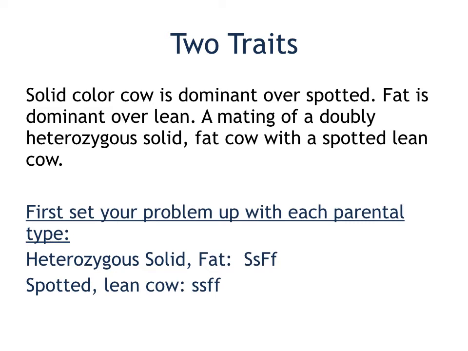The S and the F, the capital letters, are dominant for solid and fat. And we know they're heterozygous, so they have the recessive form of the other genes. And we're going to mate that with a spotted lean cow. So if the cow is spotted and lean, we know that cow is completely homozygous recessive. Both lowercase s and both lowercase f.